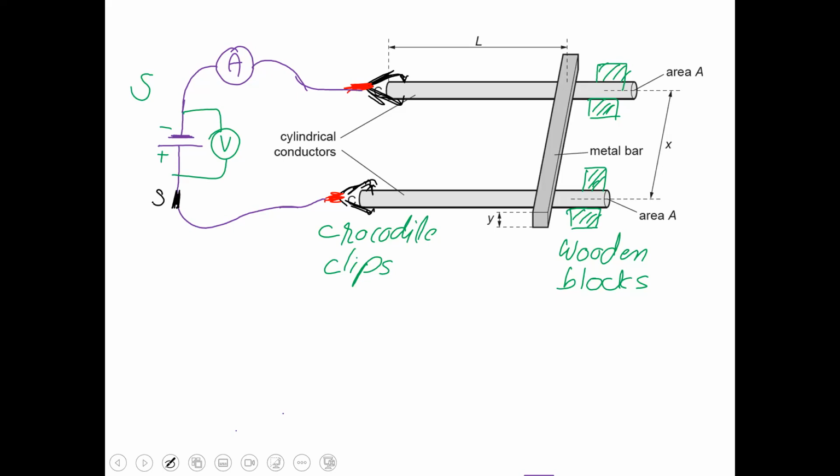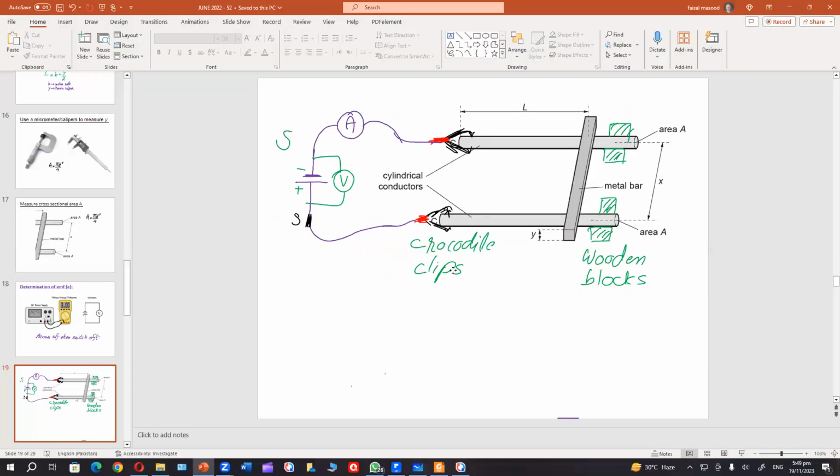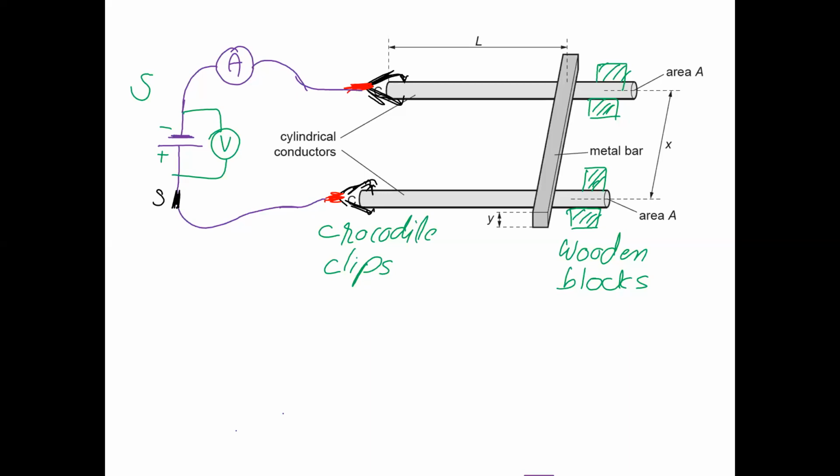Note the ammeter and voltmeter readings.